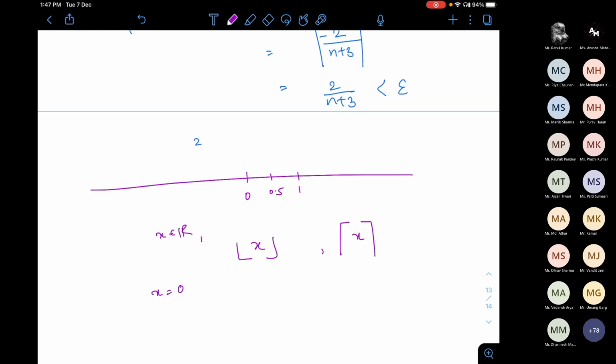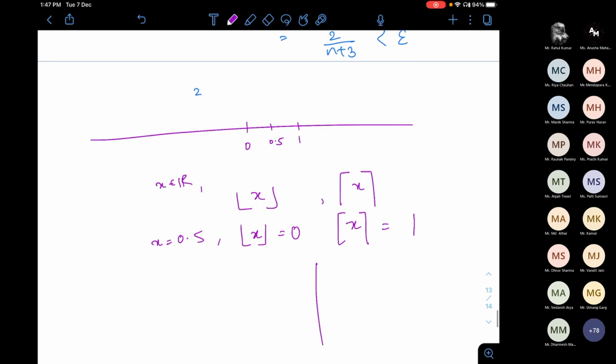So if x equals 0.5, then what is this value? Zero. And in this case, what is the ceiling function? 1.